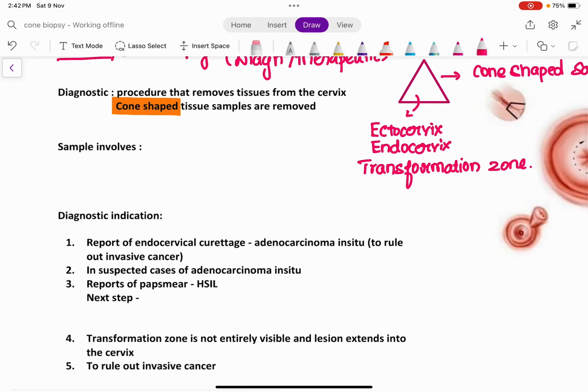Since it involves tissue from the exocervix, endocervix and transformation zone, it helps in diagnosing any invasive cancer, right? If the cancer is invasive, it involves all the quadrants of the cervix. So it tells me whether there is any invasive cancer or not. That is one diagnostic indication of doing this cone biopsy.